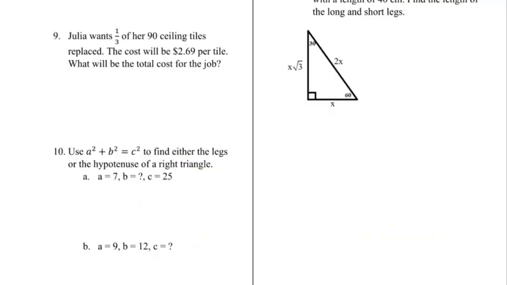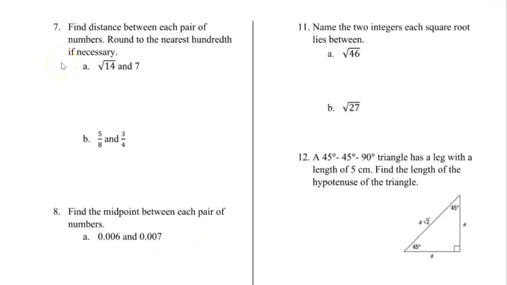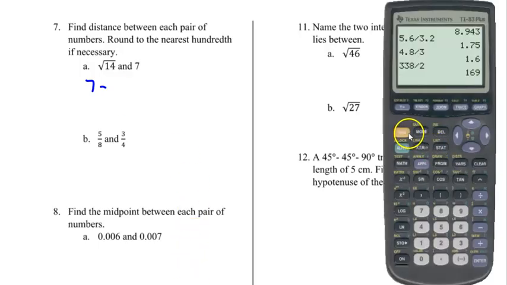Moving on to our next couple questions. So question 7, we want to find the distance between each pair of numbers, rounding to the nearest hundredth if necessary. So we have 7 minus the square root of 14. We're subtracting to find the difference between the two numbers, so how far apart they are. Let's put the square root of 14 on our calculator. It gives us 3.7416.